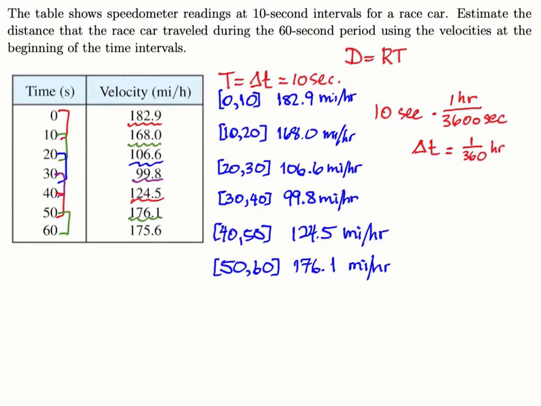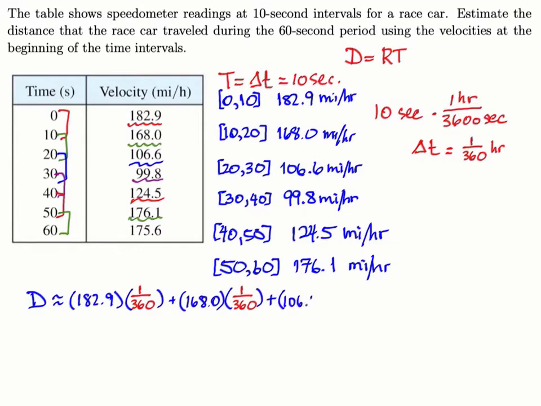All right. So now let's set up an approximation for the total distance traveled by the race car. So it's going to be the distance traveled in the first 10 seconds, which is approximately 182 miles per hour times 10 seconds, which is 1 over 360 hours, plus the second distance, which is 168 miles per hour times 10 seconds.